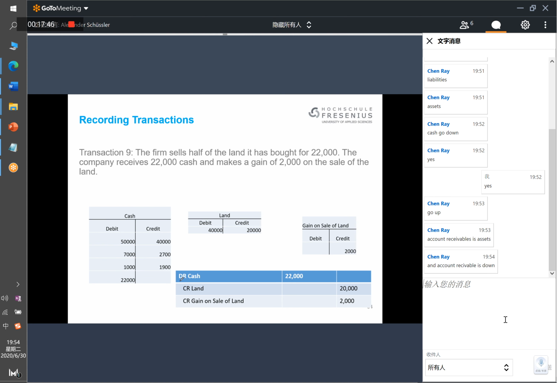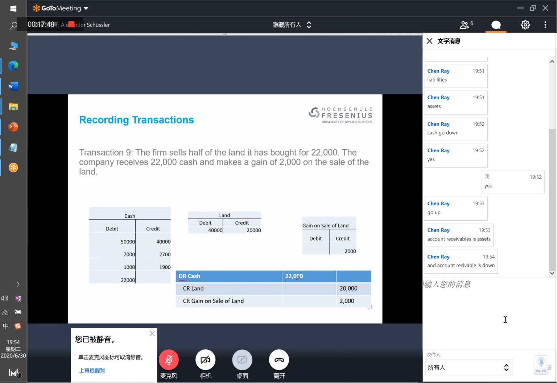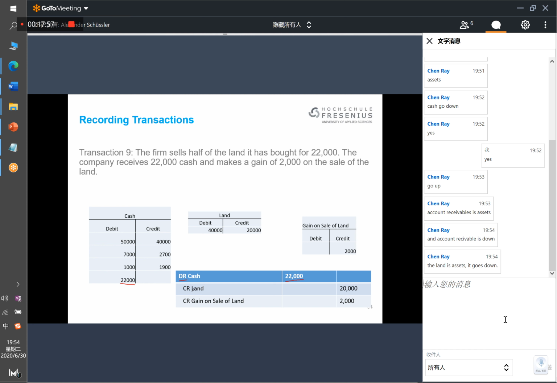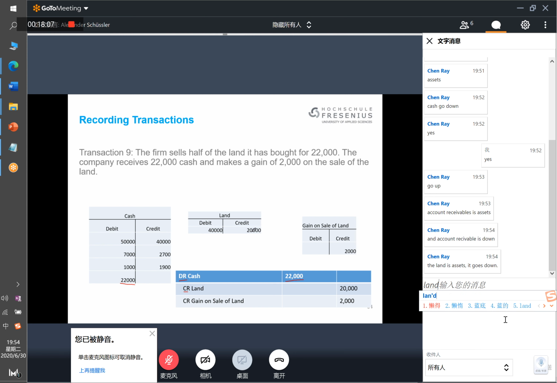We debit cash, because we get cash, so cash is up by 22,000. We credit land. Why do we credit land? Because land is an asset, and it goes down.